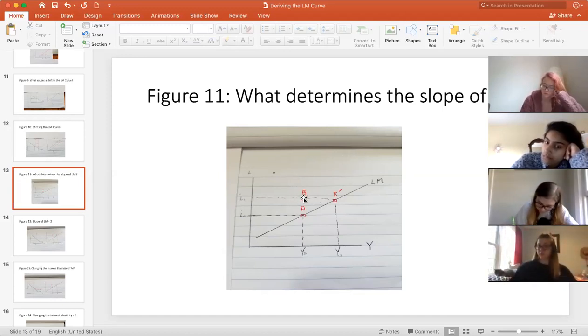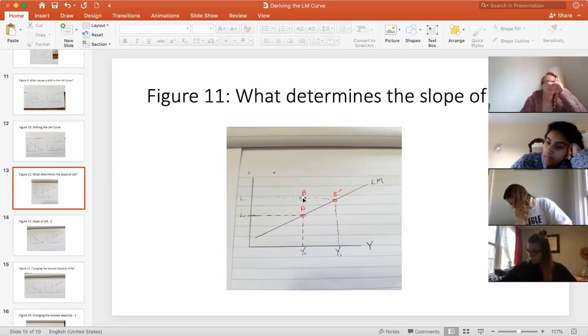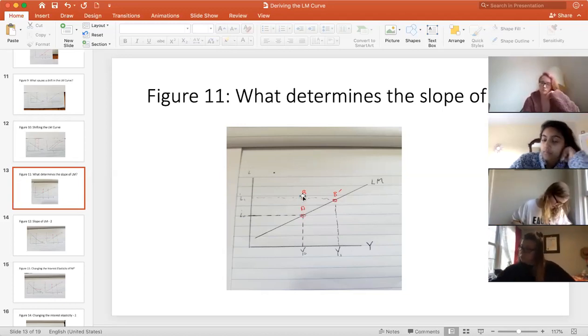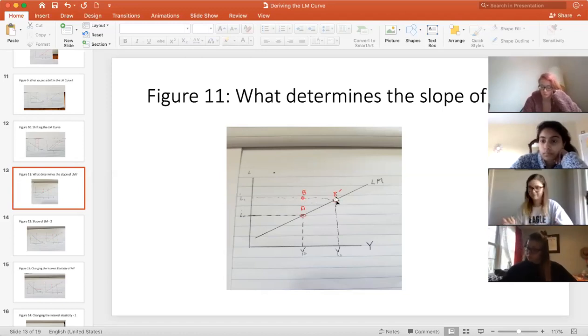The second elasticity is the income elasticity of money demand. That's going from B to B prime here. So we have the interest elasticity of money demand and the income elasticity of money demand.